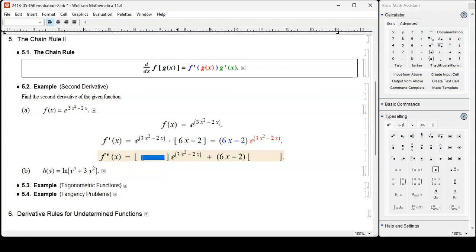Here, derivative of the first function was the derivative of 6x minus 2. That's easy, that's just 6. And many students will just drop this bracket and then 6 times exponential. That's fine. But here, let me keep it as a reminder that we just did a derivative computation.